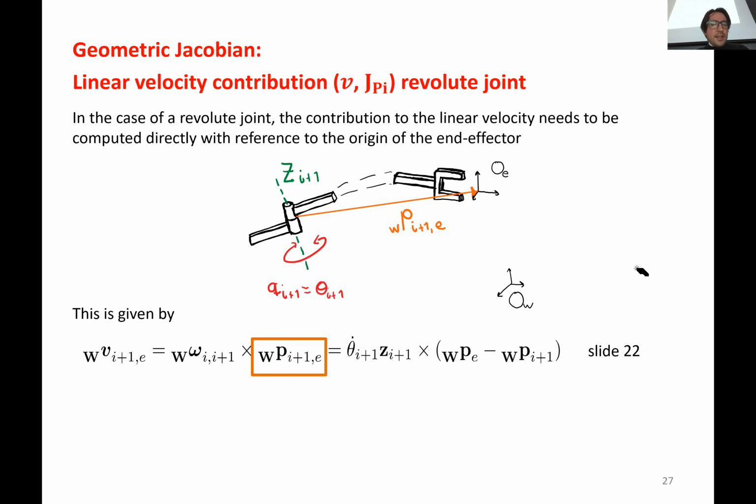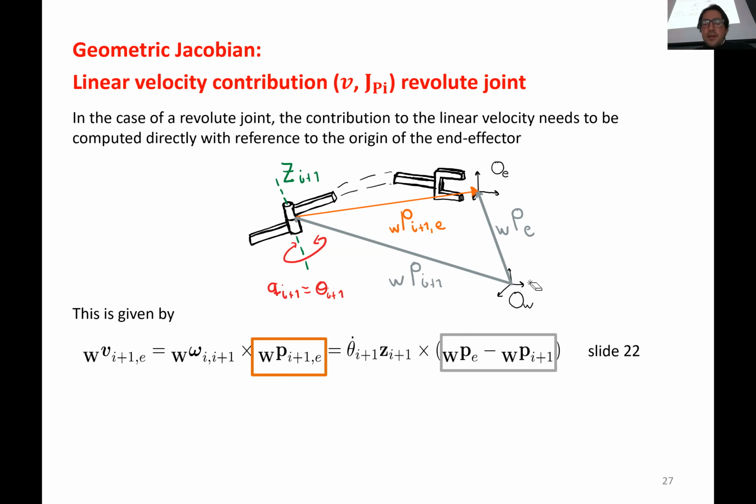And then we can also express this vector as the difference between two vectors: the position vector of the end effector frame expressed in the world, which is this one over here, and the position vector of link i plus 1 expressed in the world, right?